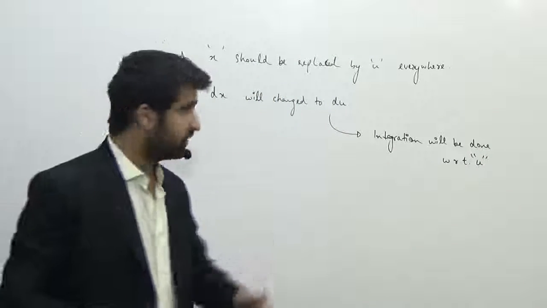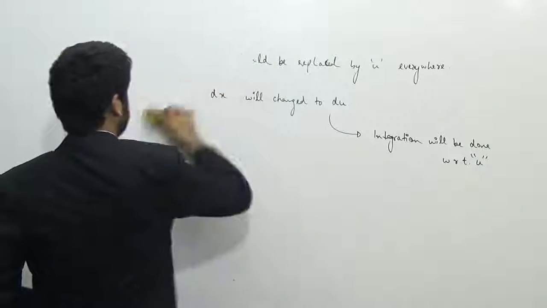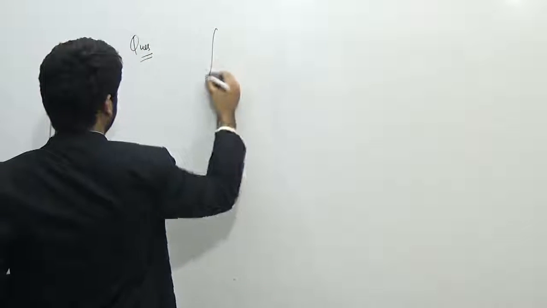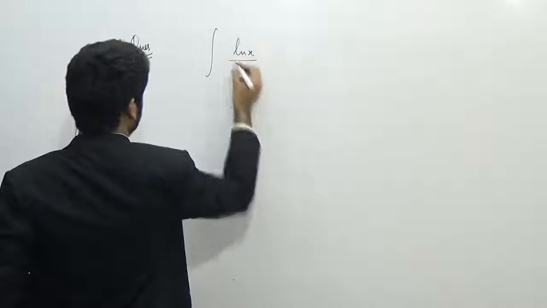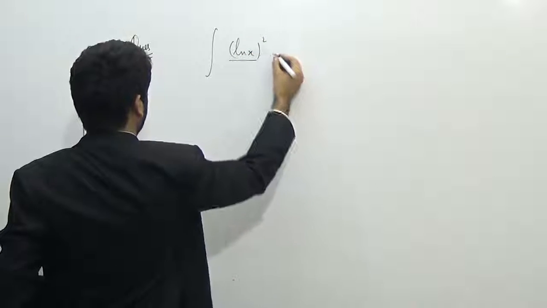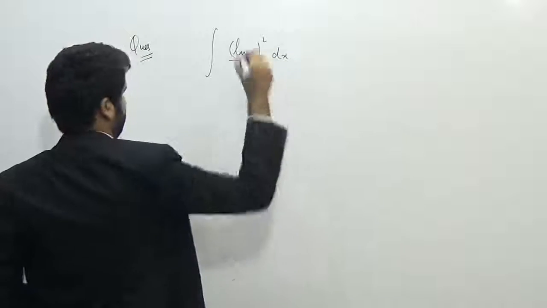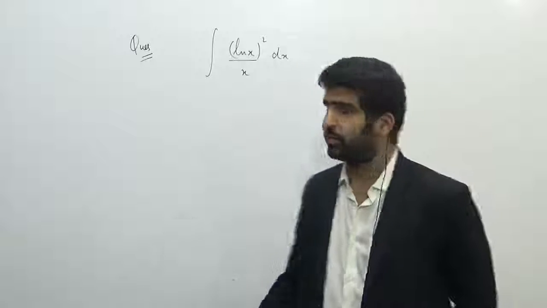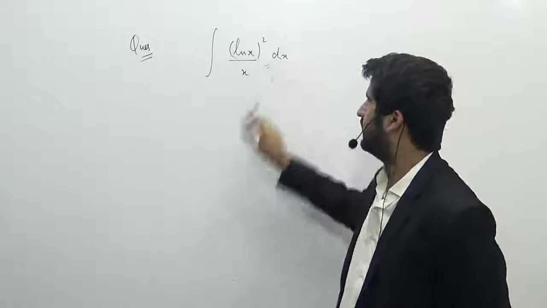Okay, so let's try another question. So guys, see, next question is, you are given (ln x) whole square dx upon x. Now this is a very difficult function to integrate if you do it by the other rules.